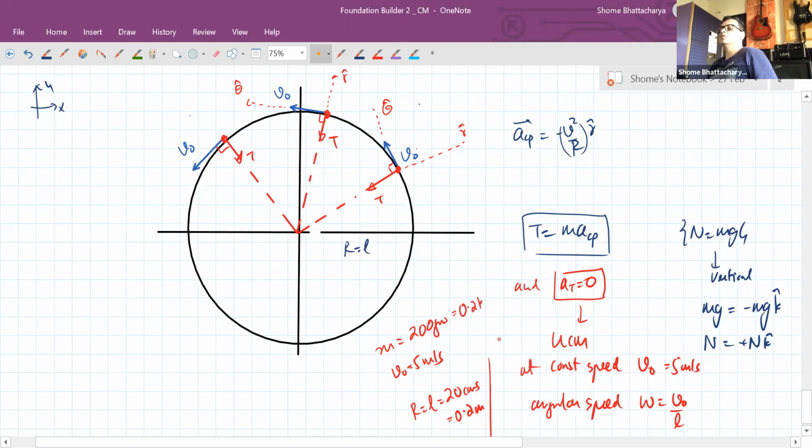Okay, so these are the things that are given to us in the question. Using this, we can see that the angular speed is 5 upon 0.2, so it is 25 radians per second.